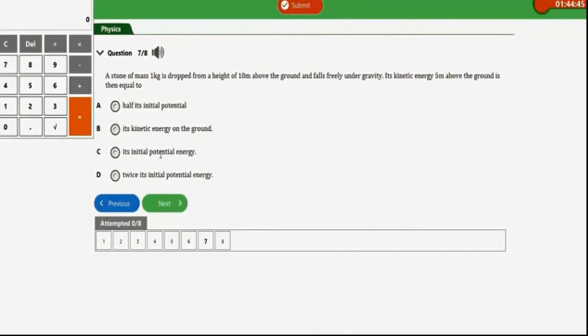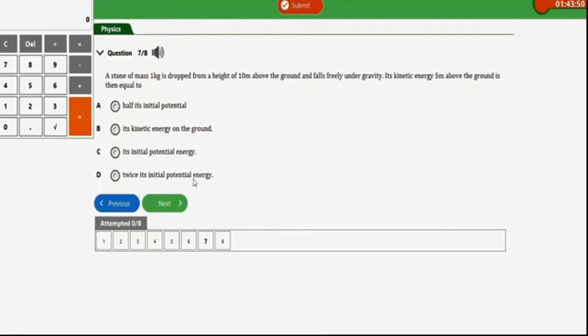C, its initial potential energy. D, twice its initial potential energy. So the correct option in this question will be option A. Its kinetic energy 5 meters above the ground will be equal to half its initial potential energy. So that's it for this particular question.